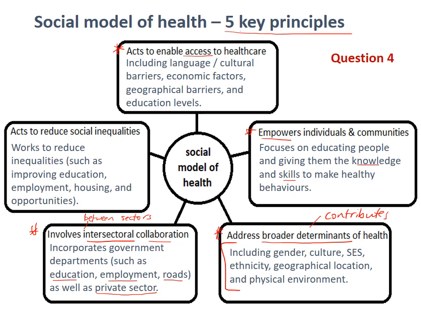And the fifth principle is that it acts to reduce social inequalities. Remember we said part of the reason for this model was that inequalities in health became really apparent. And so if we know, for example, that having a high SES means someone tends to have better health and a low SES means poorer health, well, what we need to do is try and close that gap.